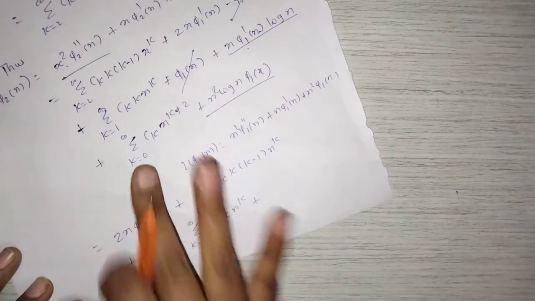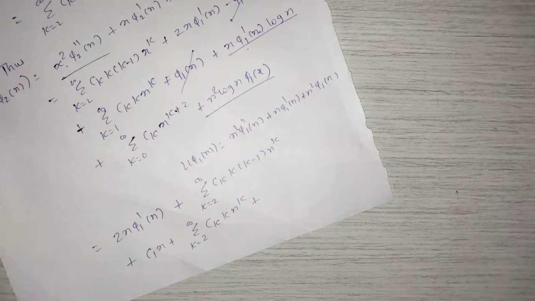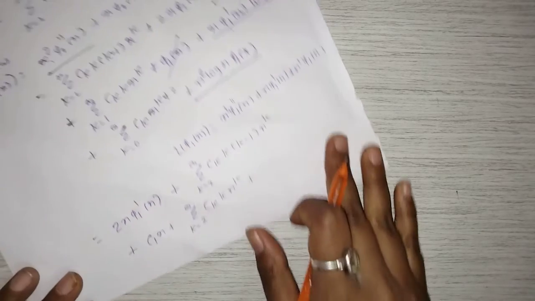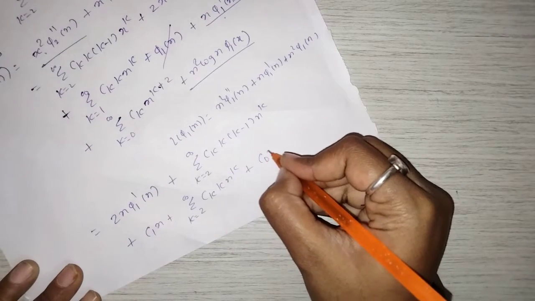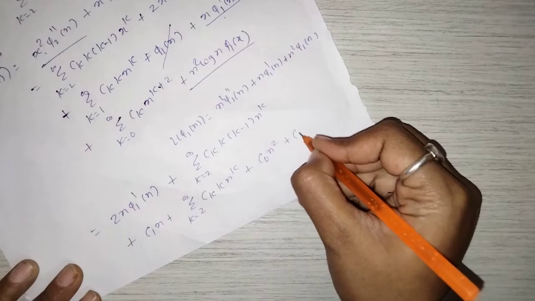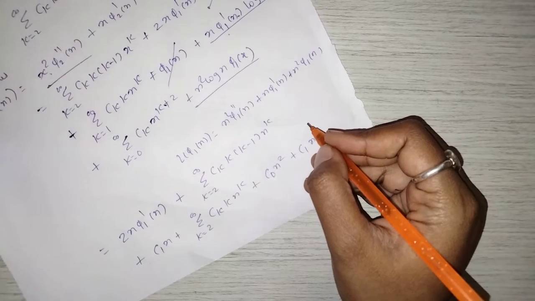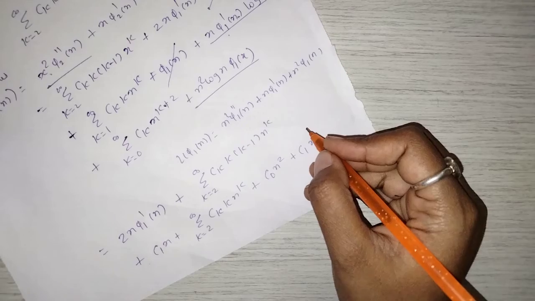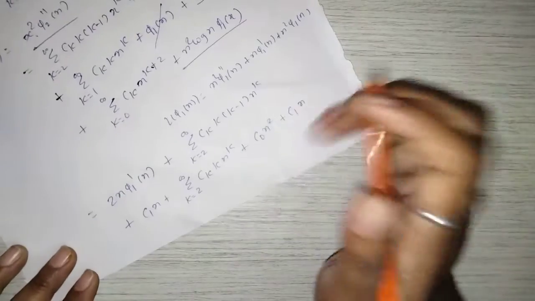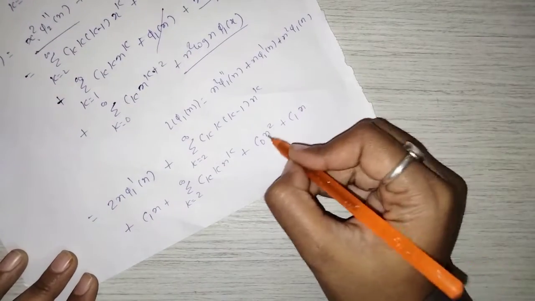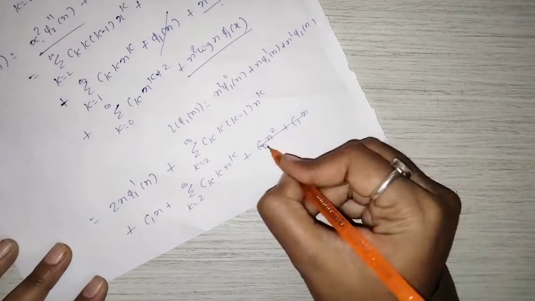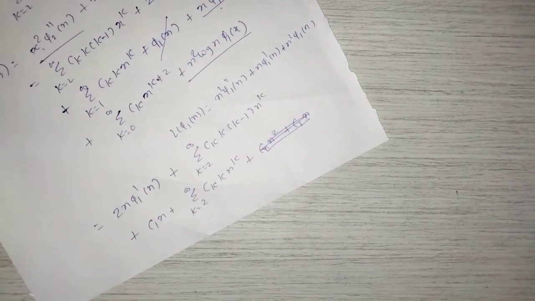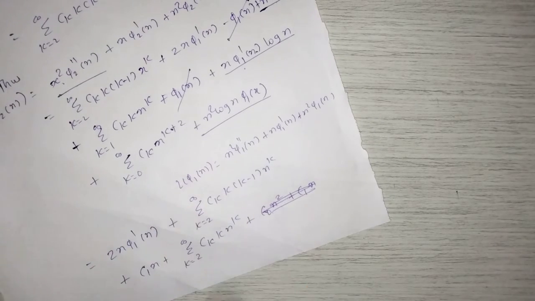Now next calculate k equal to 0 and k equal to 1 for this series. We get c naught x square plus c1 x cube, but for simplicity, instead of calculating the series for 0 and 1, we convert it for k running from 2 to infinity.